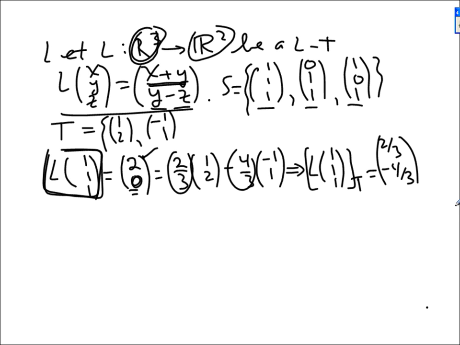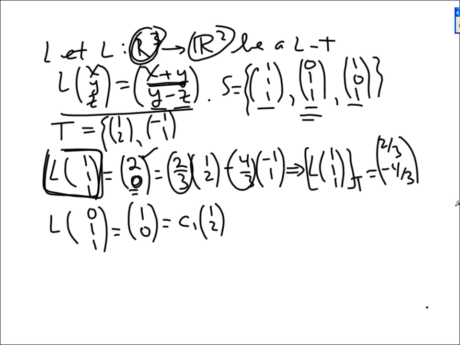Okay, so now we want to find L of the second vector in S. 0, 1, 1. X is 0, y is 1, z is 0. The x plus y, 0 plus 1 is 1, and y minus z, 1 minus 1 is 0. And I want this to be a multiple of 1, 2, plus another multiple of negative 1, 1.